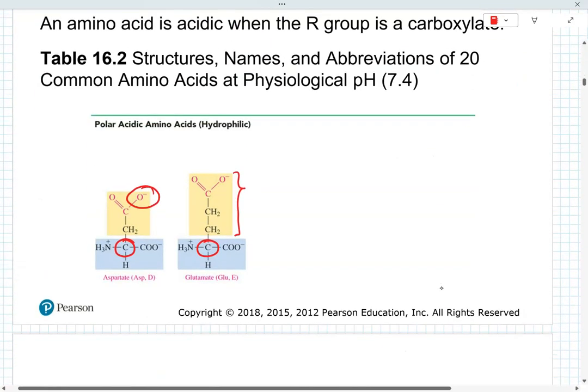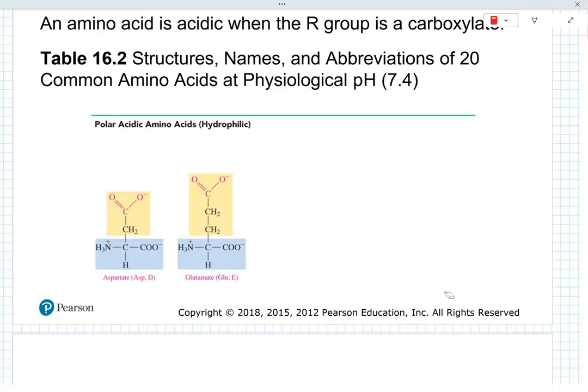So, for instance, here, you may have a question. Why is this an amino acid and not this? Here's an explanation. This is ammonium, this is carboxylate. Agreed? How many carbons are, quote unquote, connecting them? 2. 1 and 2.